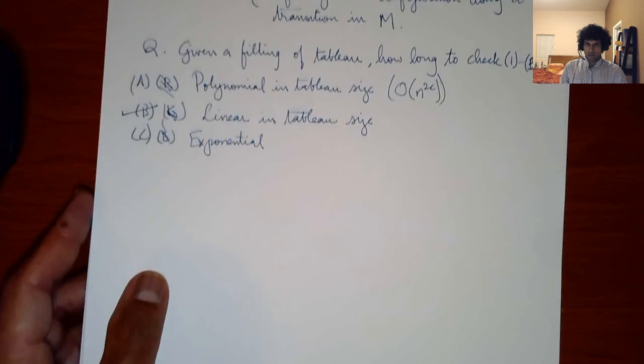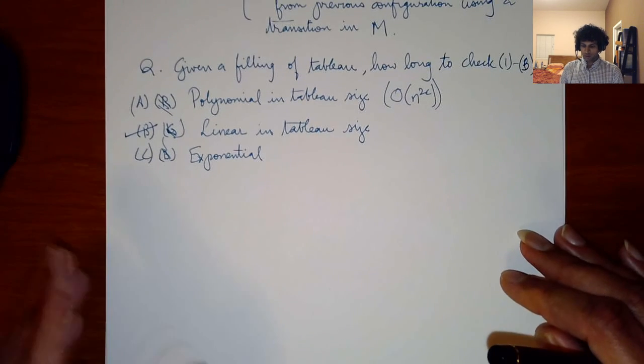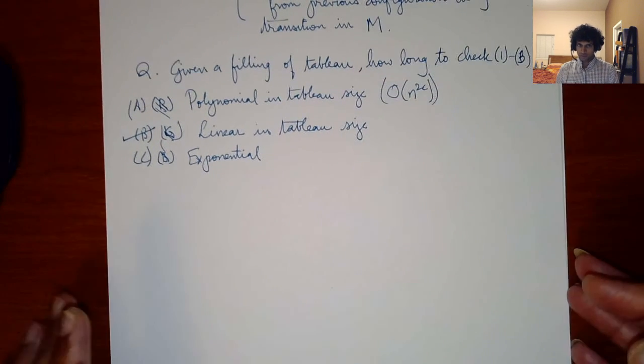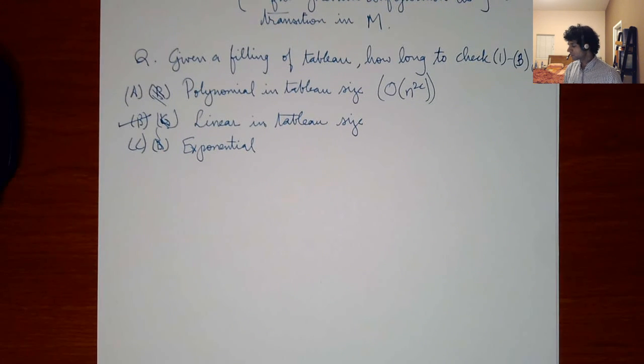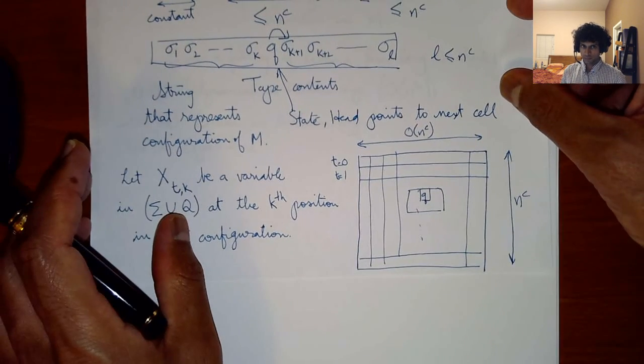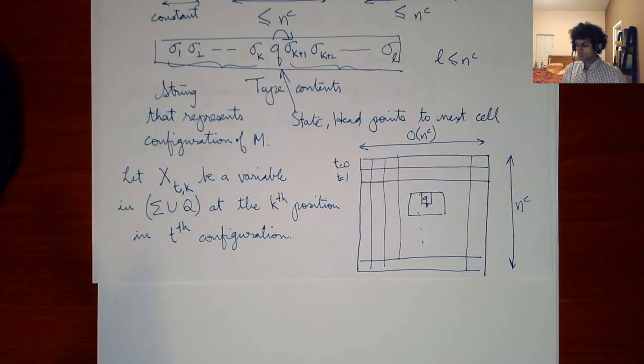In terms of checking whether the head is, well, it can only stay where it is, move to the right, or move to the left. But wouldn't you still have to check the rest of it as well?